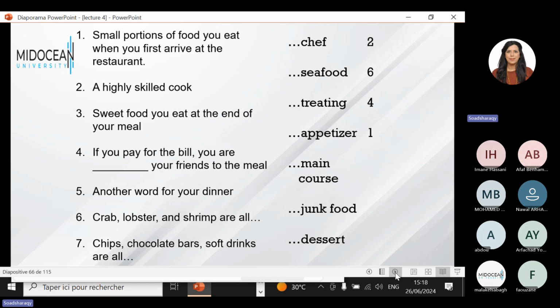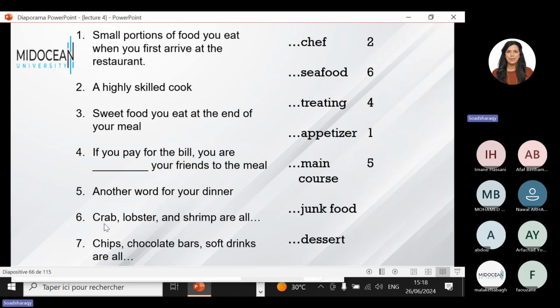So what is it? So the right answer is here. So it's main course. Yeah.